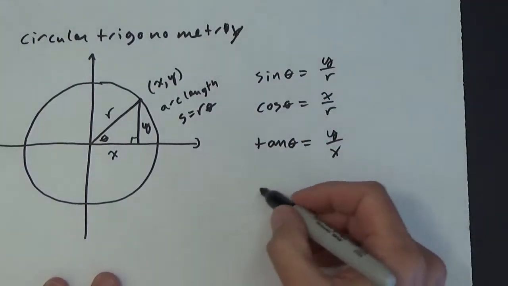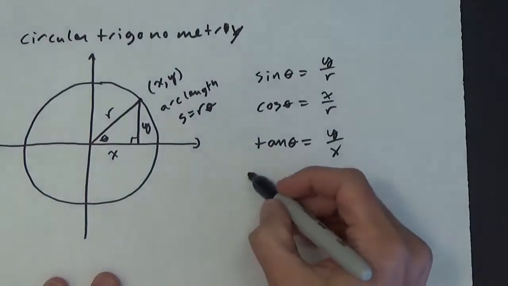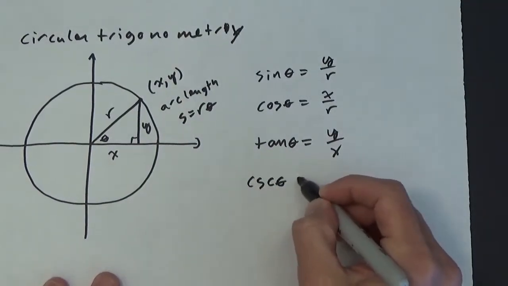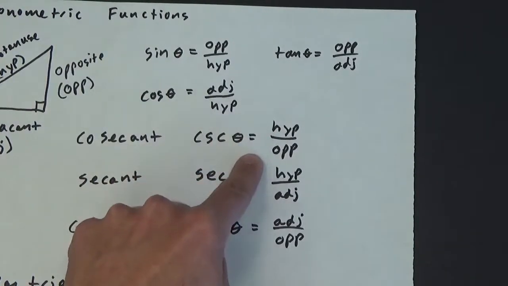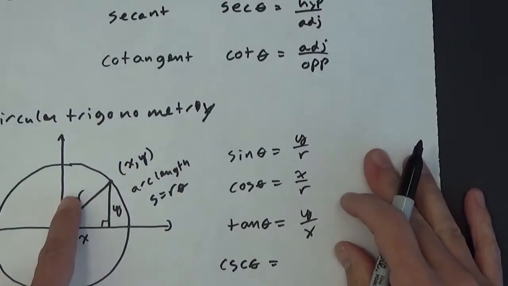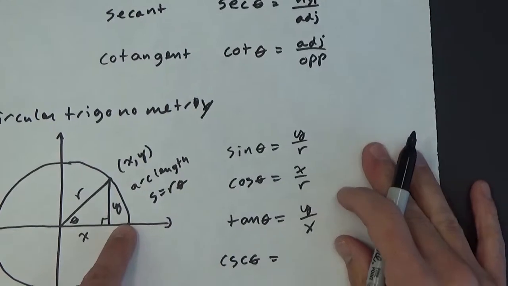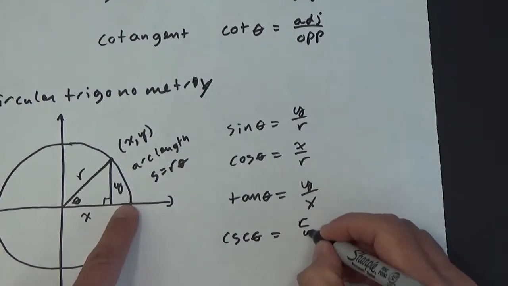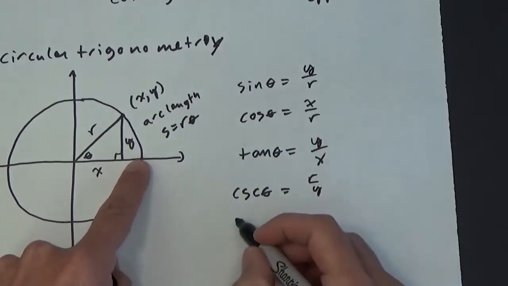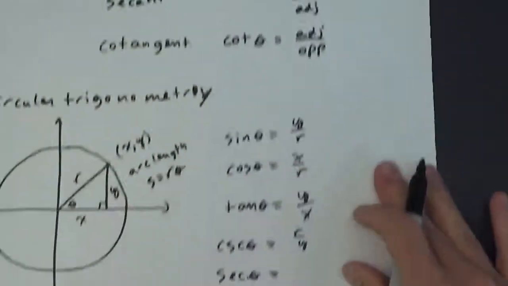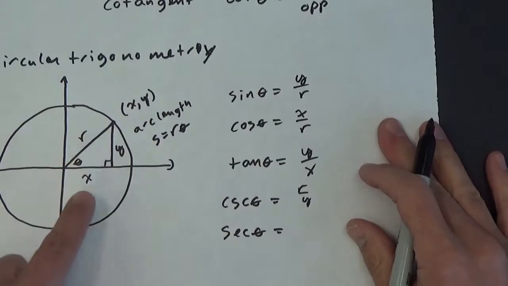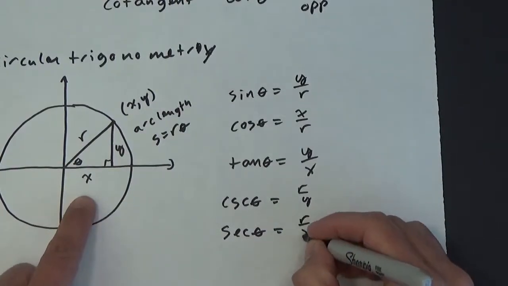Now let's get to the other ones. We have the cosecant. Okay, cosecant was hypotenuse over the opposite. So the hypotenuse is r, the opposite is y, so it's going to be r over y. The secant was hypotenuse over adjacent, so hypotenuse is r, adjacent is x.